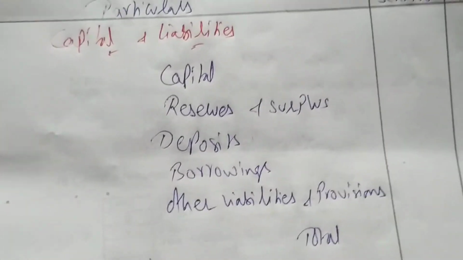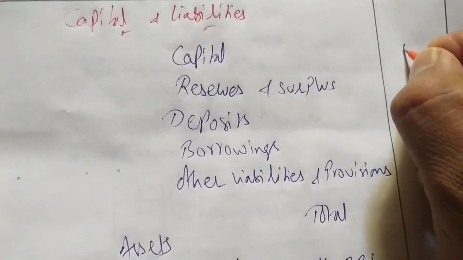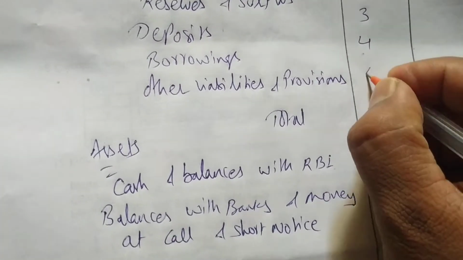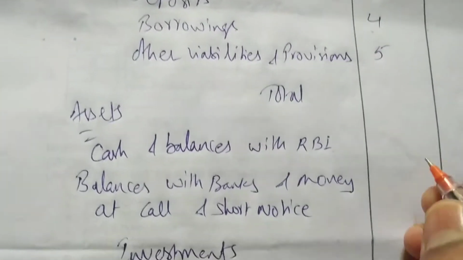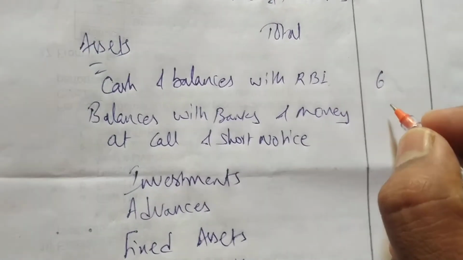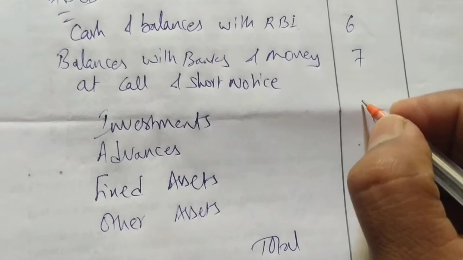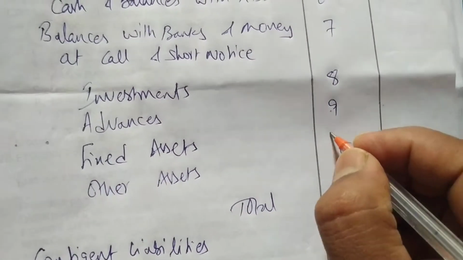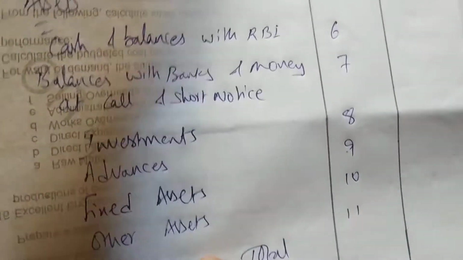Okay, let us write the schedule numbers. Capital is 1, reserves and surplus 2, deposits 3, borrowings 4, other liabilities 5. Cash and bank balance with RBI 6, 7 is money at call and short notice, 8 is investment, 9 is advances, 10 is fixed assets, 11 is other assets.